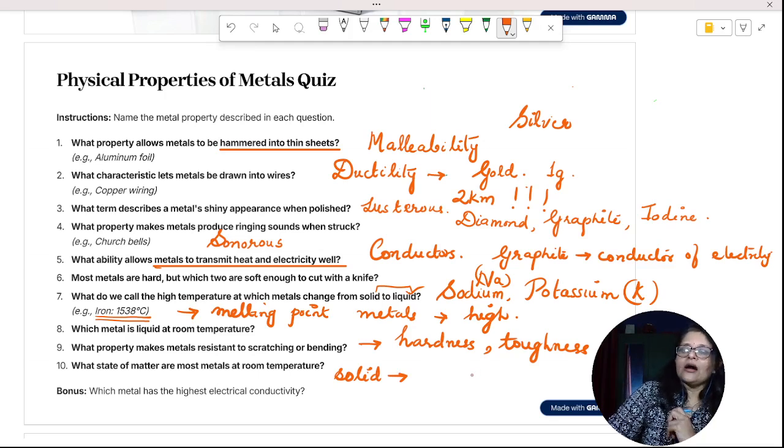Metals are mostly hard, but there is a metal which is in liquid form, or we call it a liquid metal. In another language, you can call it hydrargyrum, and its symbol is Hg. And what is that metal?